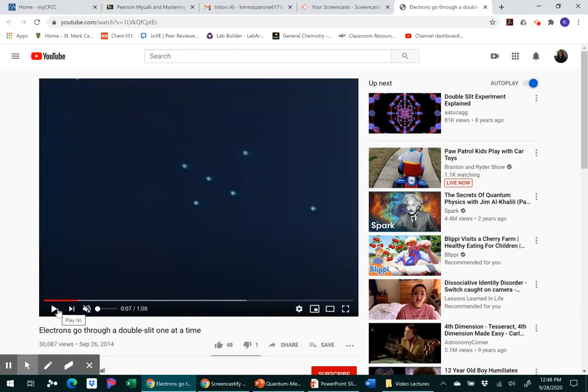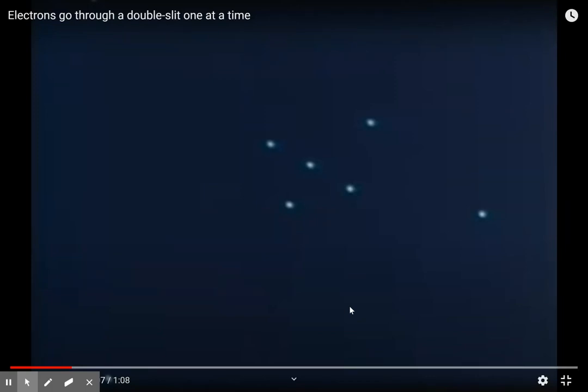The equipment could throw one electron at a screen at a time. They weren't trying to really discover anything. They weren't trying to find this new theory or anything like that. They were really just trying to show off this new instrument that they built.